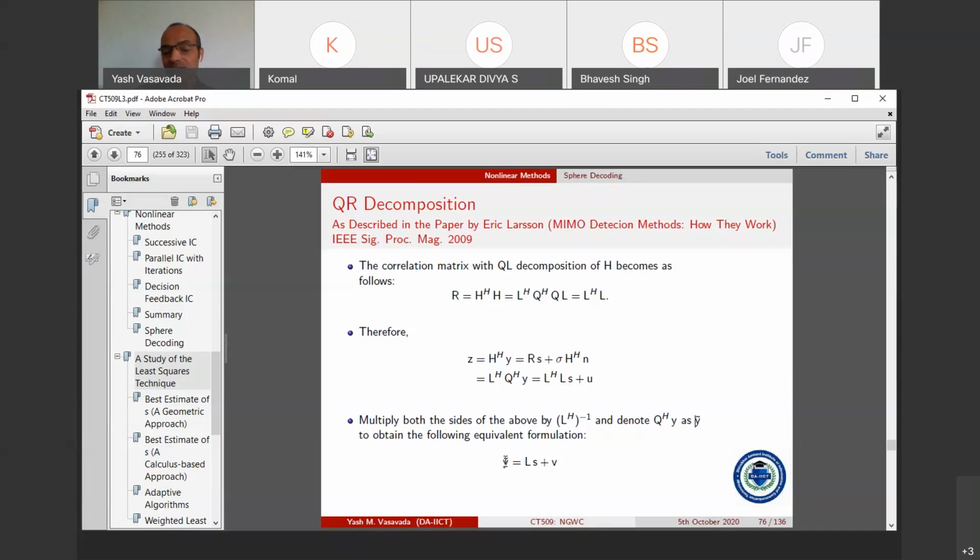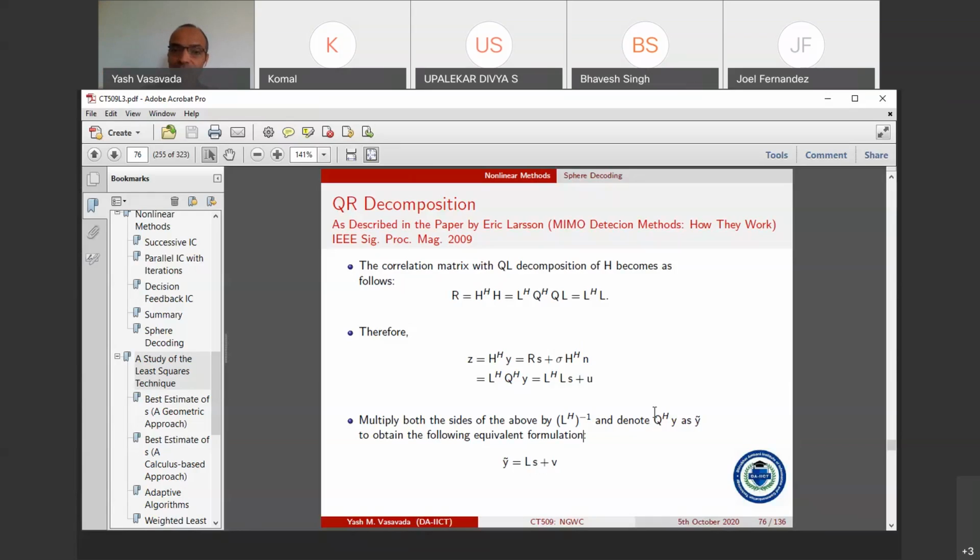And that Y tilde, we can mathematically write it as the product of the unknown variable vector S with a lower triangular matrix L. Right? So, I mean, we did some math here, but the bottom line is that instead of projecting Y onto the columns of H, we are projecting Y onto columns of Q. That is all.